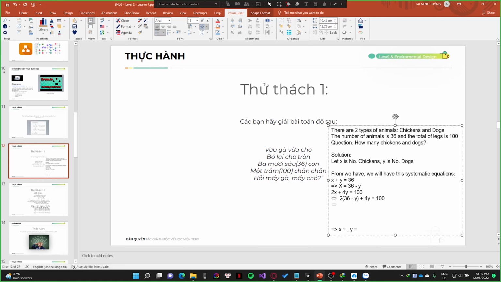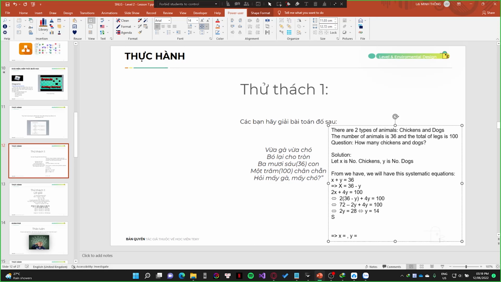This will give you 72 minus 2y plus 4y equals 100, and then you will have 2y equals 100 minus 72, which is 28. Then you will have y equals 14.